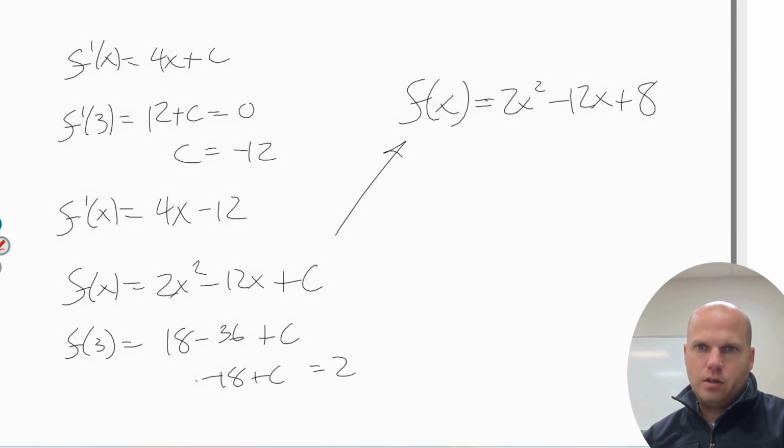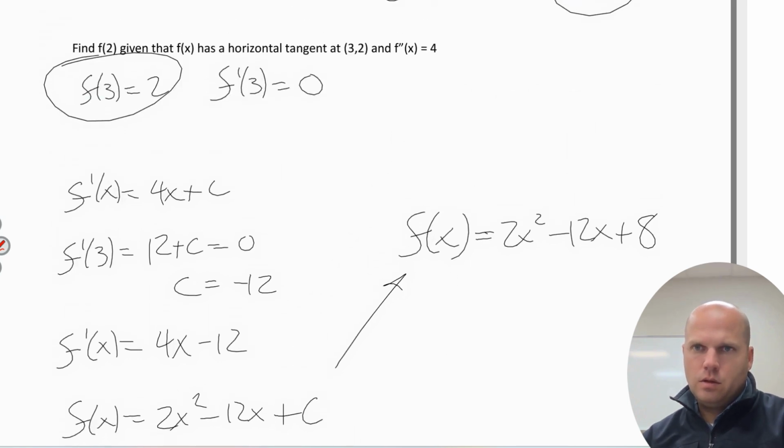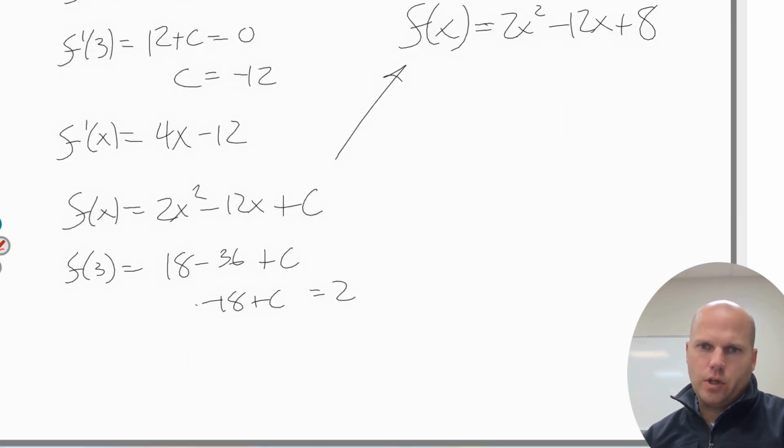It's 2, right? So c is 20. At 3, we should get 2.